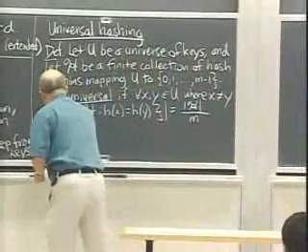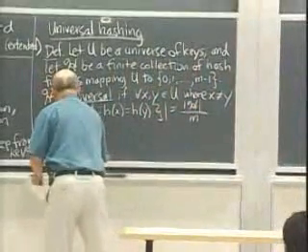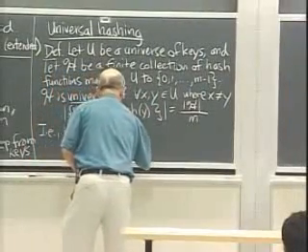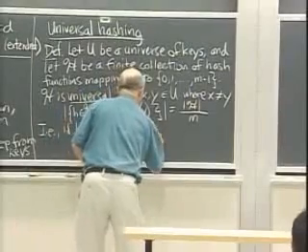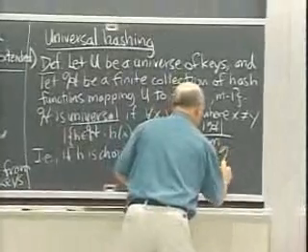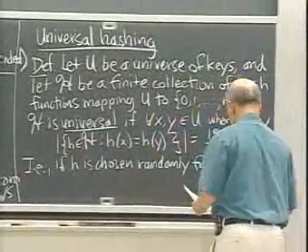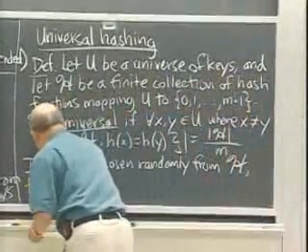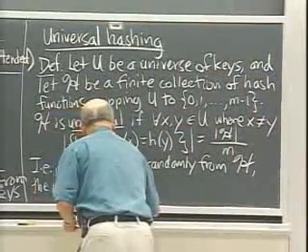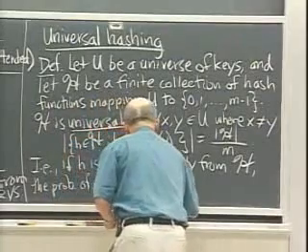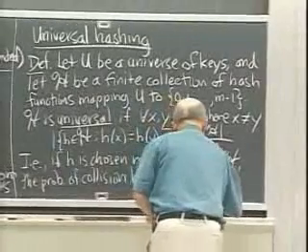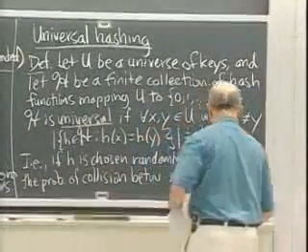So to view that another way, if h is chosen randomly from the set of hash functions H, the probability of collision between x and y is what?